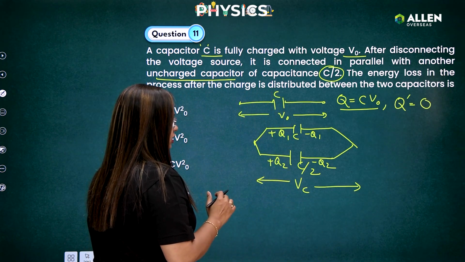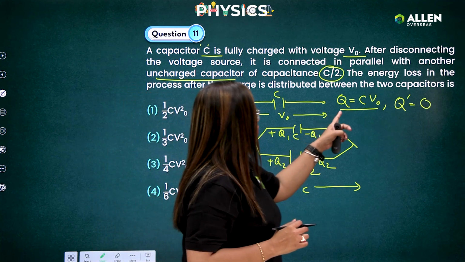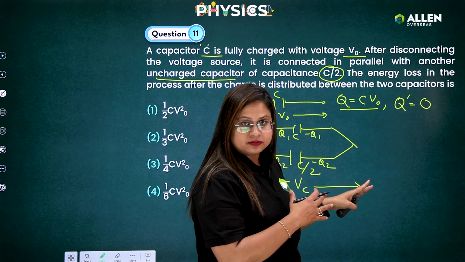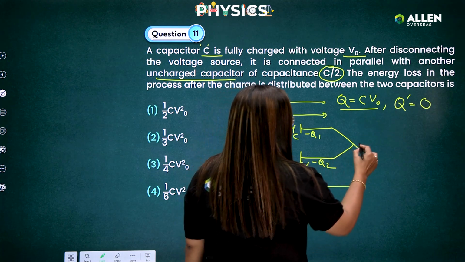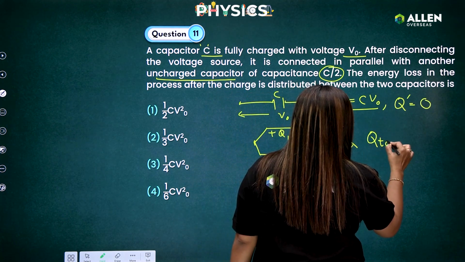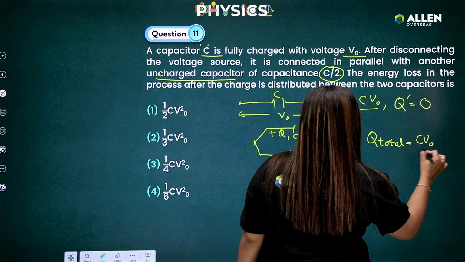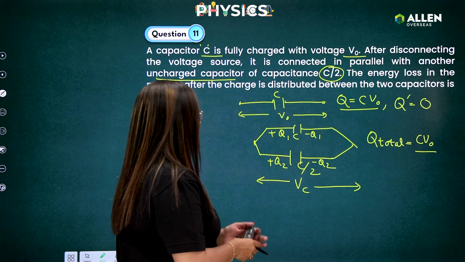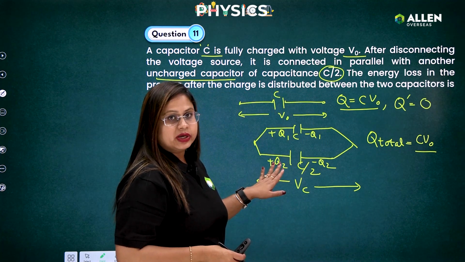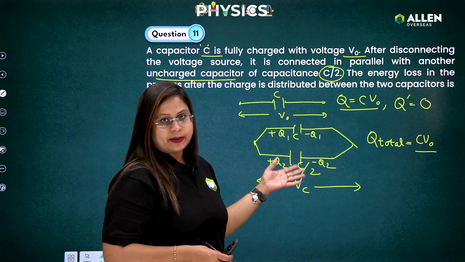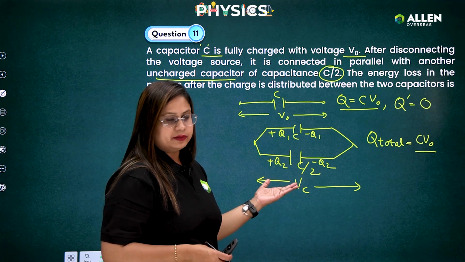But the total charge Q1 plus Q2 should be equal to the charge given to the system initially. So the total charge is not going to change, that is equal to CV0. This CV0 has to be distributed between these two, but not equally. Why is it not going to be equally distributed? Because the capacitances are different.